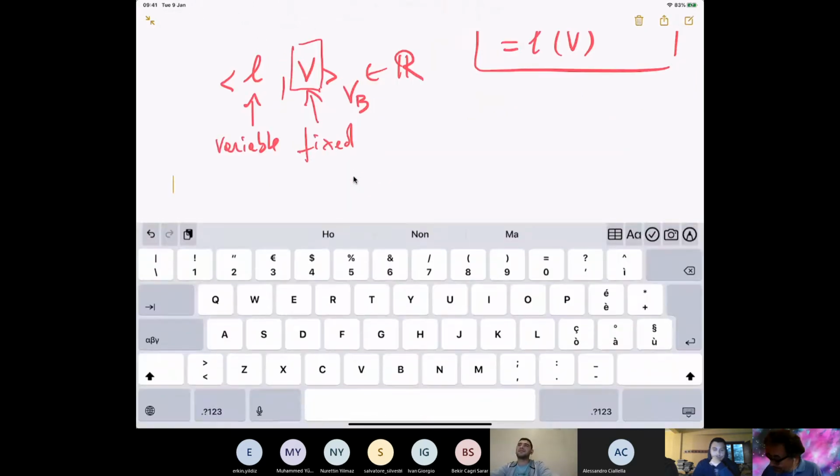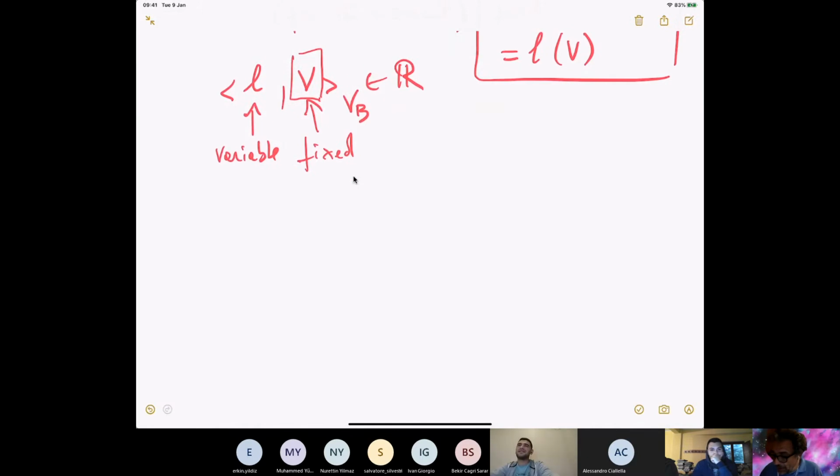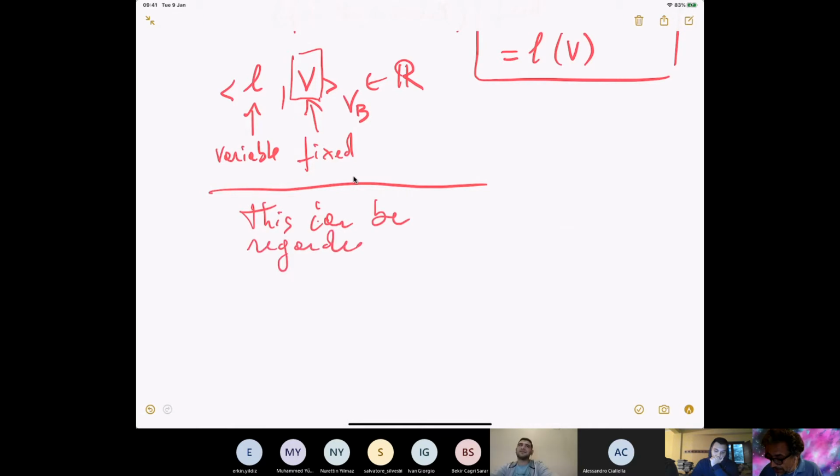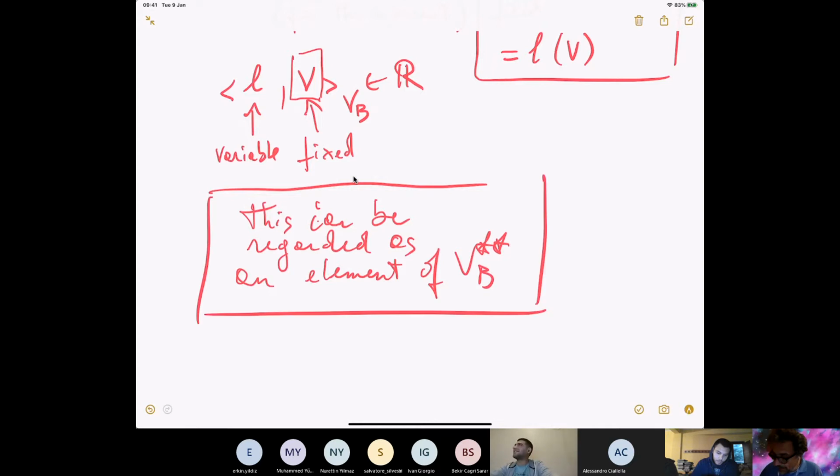When V is fixed and L is variable, this can be regarded as an element of V star star.